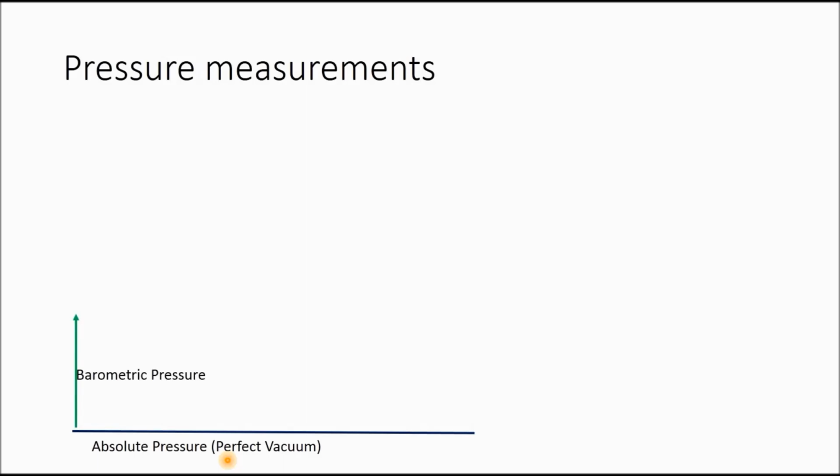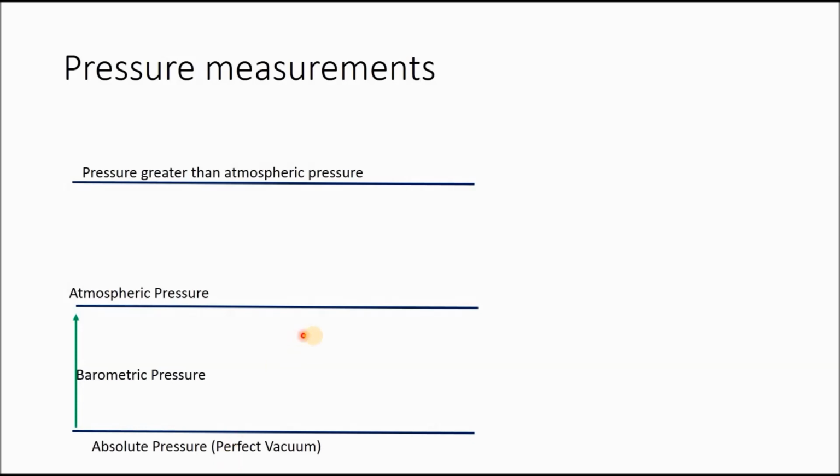Above that, it reaches the atmospheric pressure. This distance is the barometric pressure. So atmospheric pressure is always above the absolute pressure.